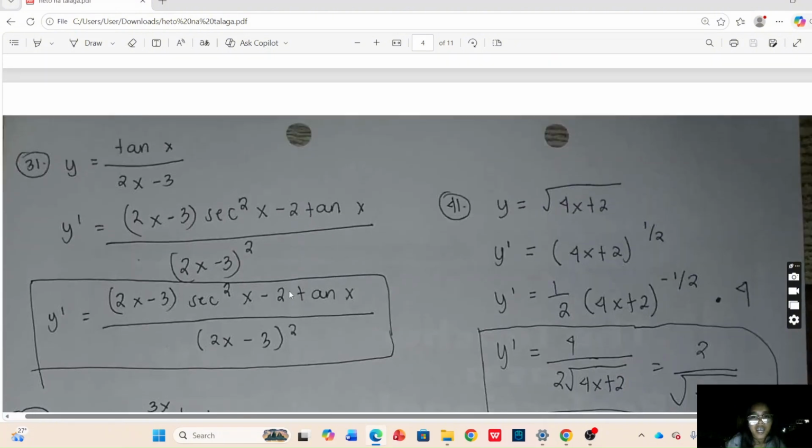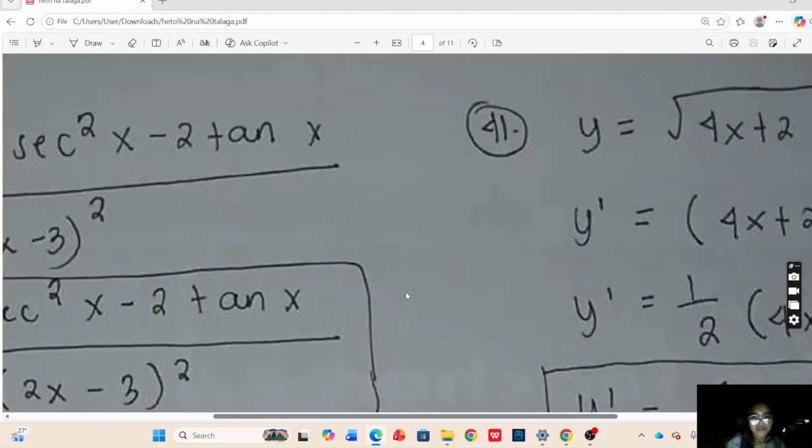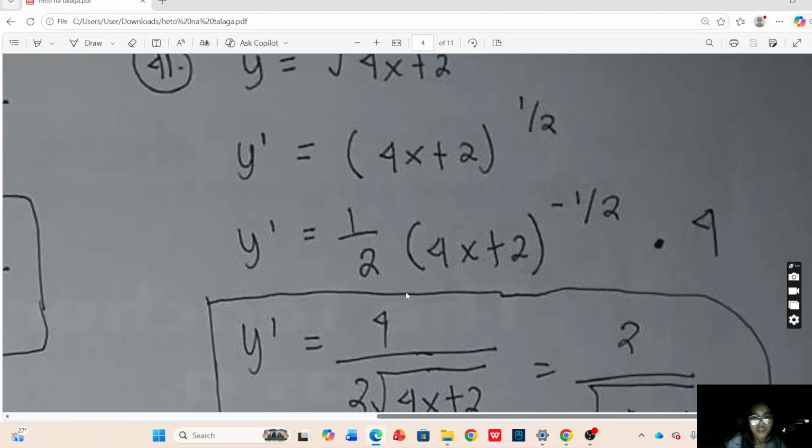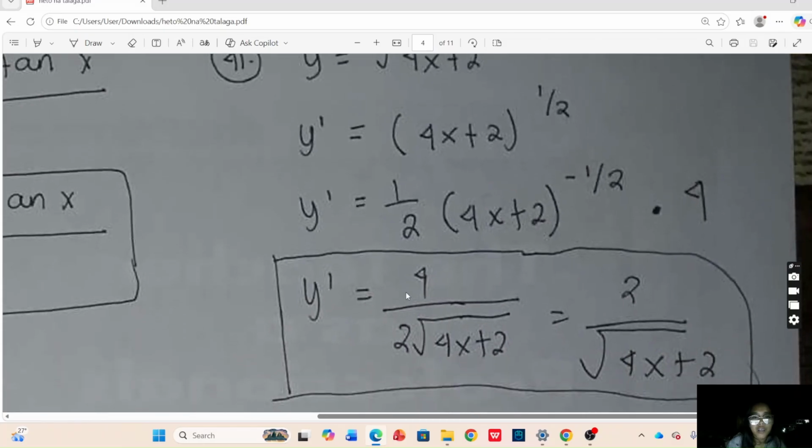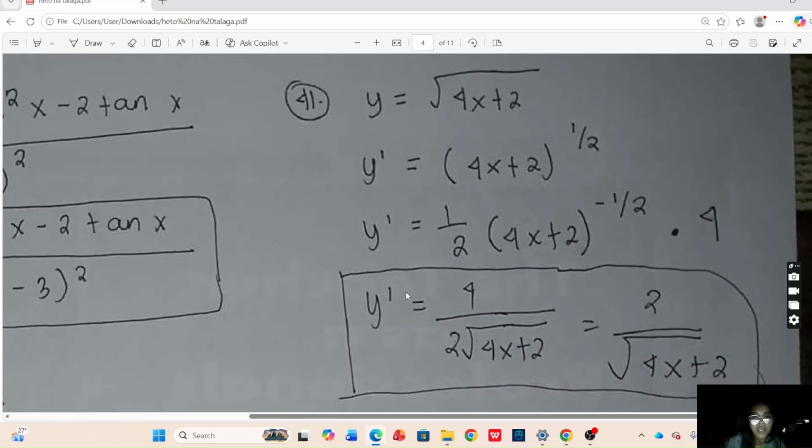Now, let's have number 41. We have the function y is equal to the square root of 4x plus 2. Since this is a square root, we can rewrite it in exponent form.